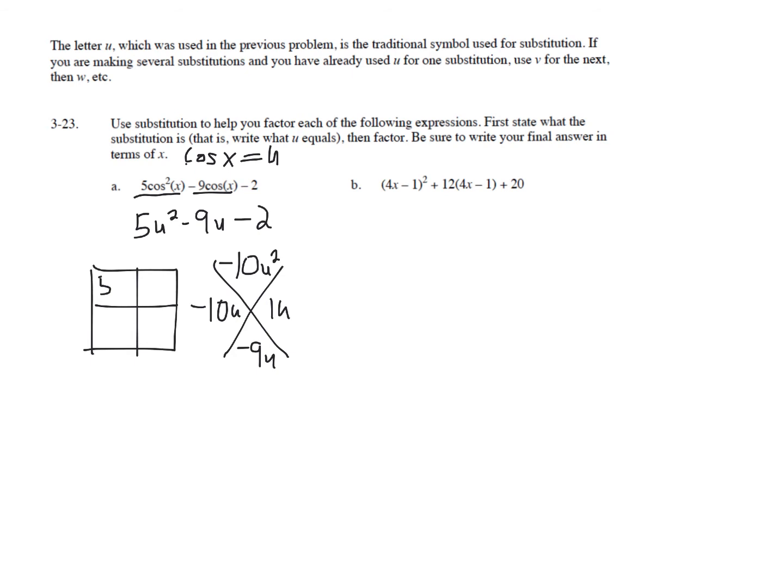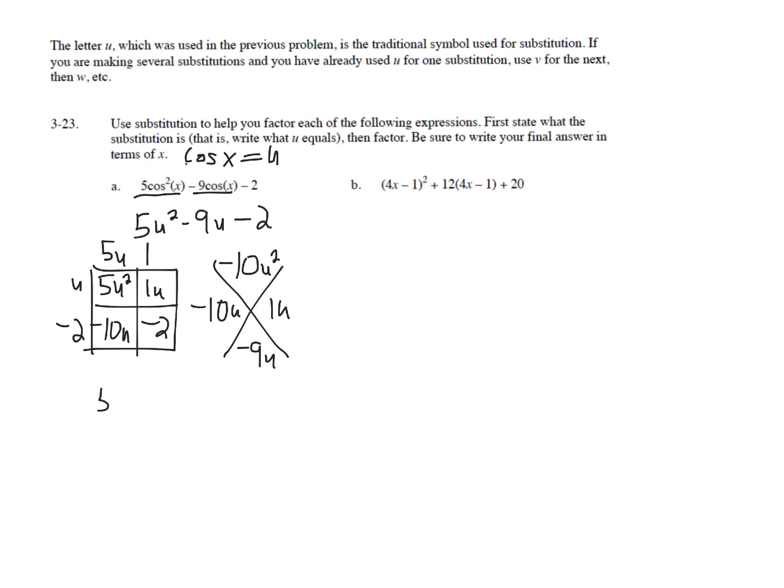So I have 5u squared, a negative 2, a negative 10u, and 1u. So 5u times u, this is going to be 1 and a negative 2.